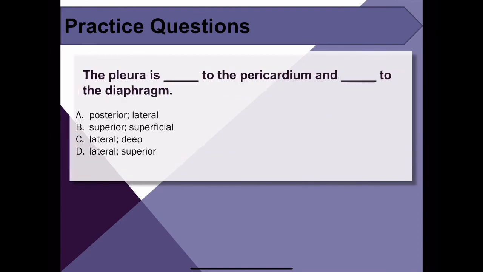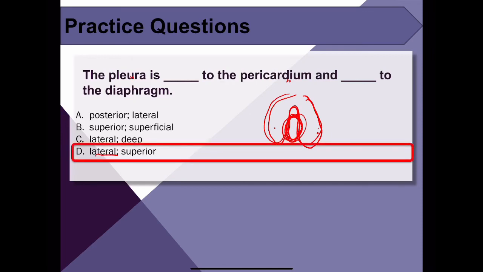The pleura is what to the pericardium and blank to the diaphragm. So imagine, here's your lungs, here's your heart. Pleura is what surrounds the lungs. Pericardium is what surrounds the heart. So pleura is to the side of the pericardium, so it's lateral, and here's your diaphragm, before your abdominal cavity, so it's superior to the diaphragm.